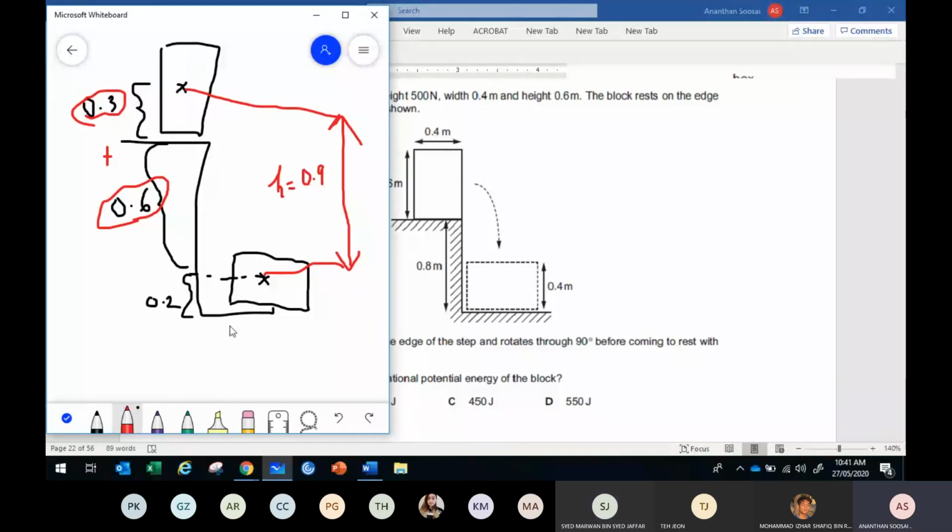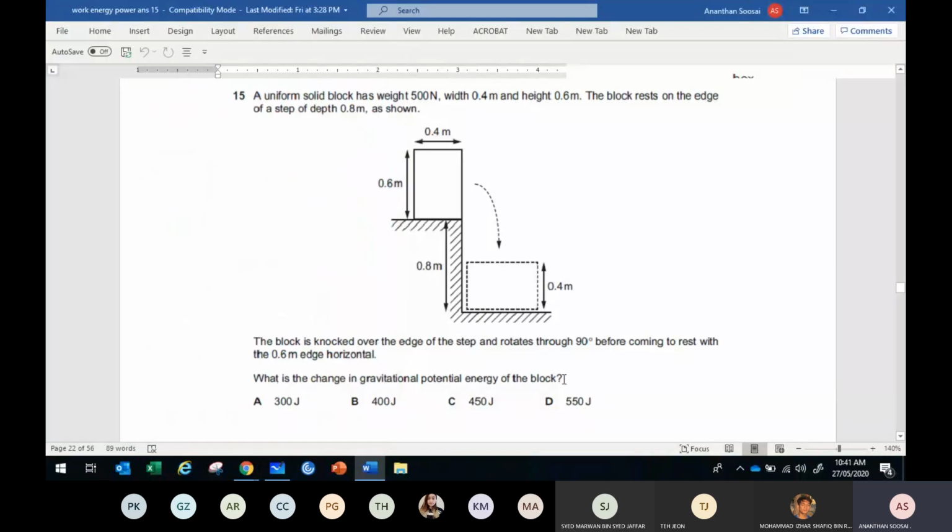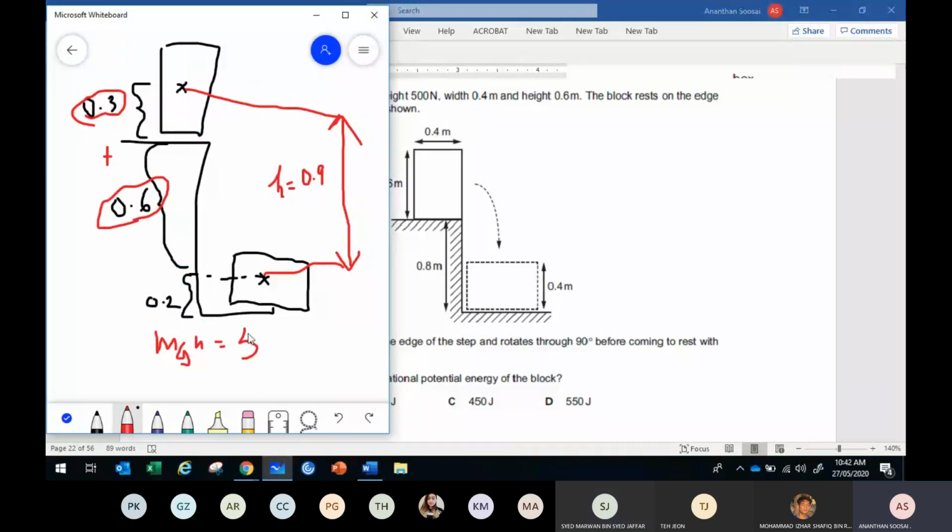So that is the change in potential energy, which is mgh. Here mg is 500. Then h is 0.9. So you get 450 joules. Good. So those who got 450, very good.